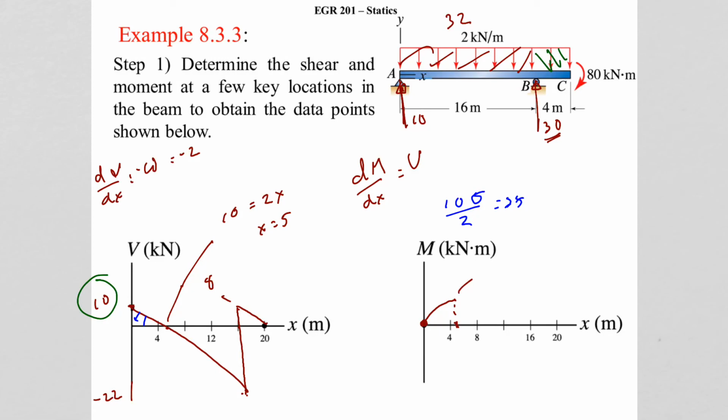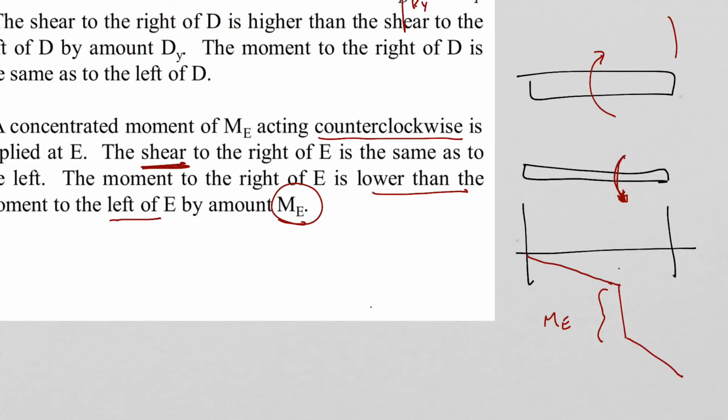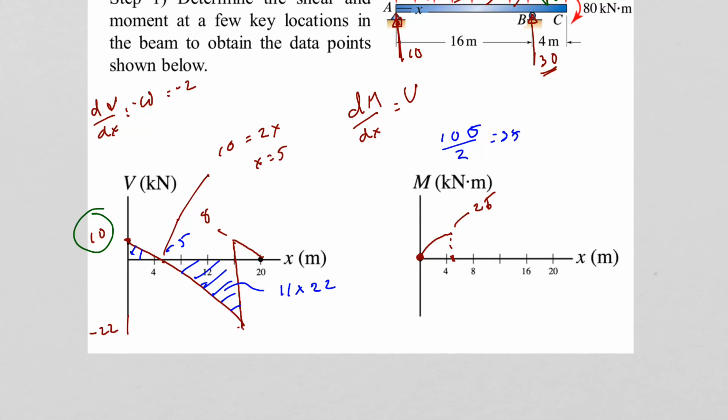Again, we're up here at 25, and then we want to know what our new value is. So we're going to be subtracting this area here to find our next location. That area is, again, this is 5. From 5 to 16, that is 11 as our base. Our new value is 22 times 11 divided by 2, which equals 121.